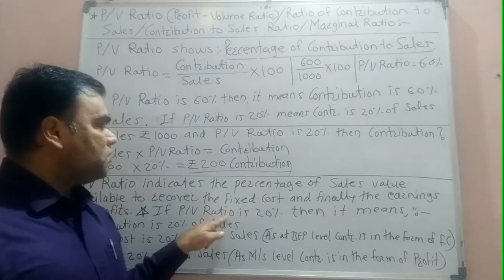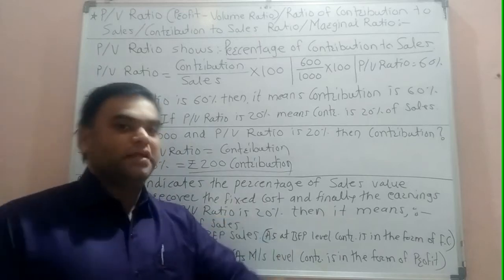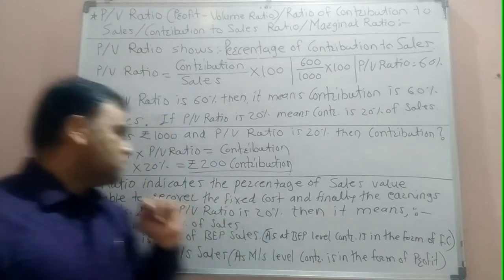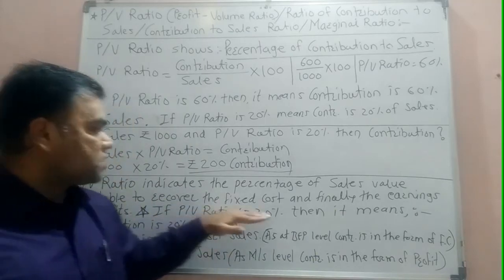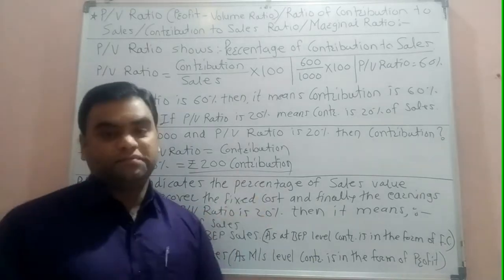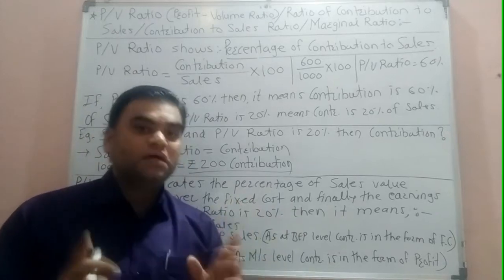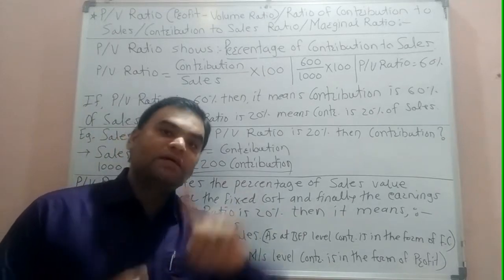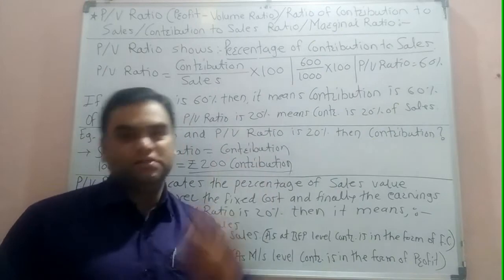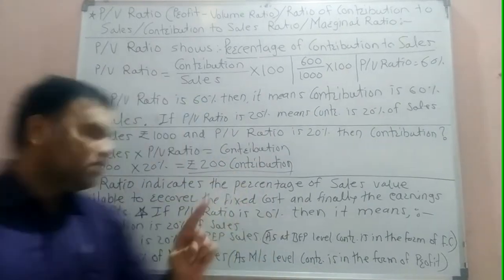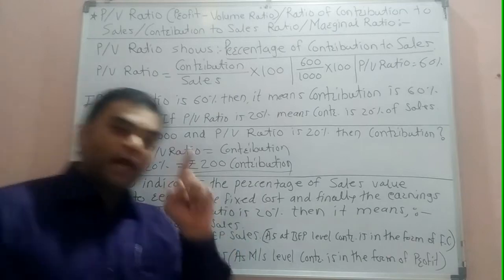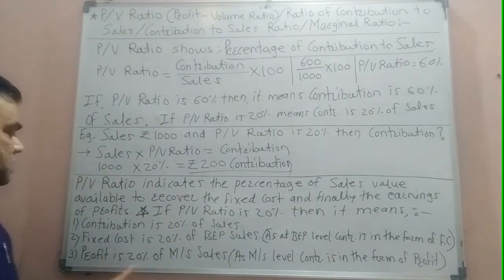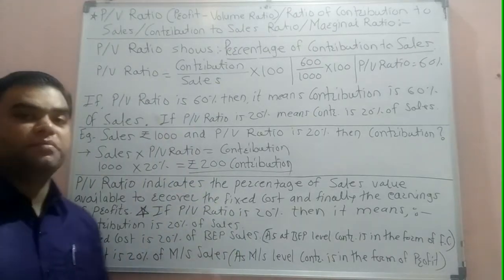So PV ratio also passes on some meaning. What meaning does it pass? PV ratio is 20% means what? It means contribution is 20% of sales. It means fixed cost is 20% of BEP sales, and it means profit is 20% of margin of safety sales.